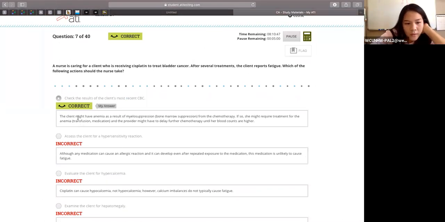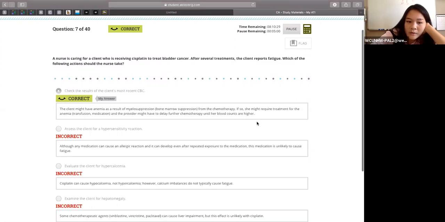The client might have anemia as a result of myelosuppression from chemotherapy. If so, she might require treatment for anemia, transfusion, medication, and the provider might have to delay further chemotherapy until her blood counts are higher.